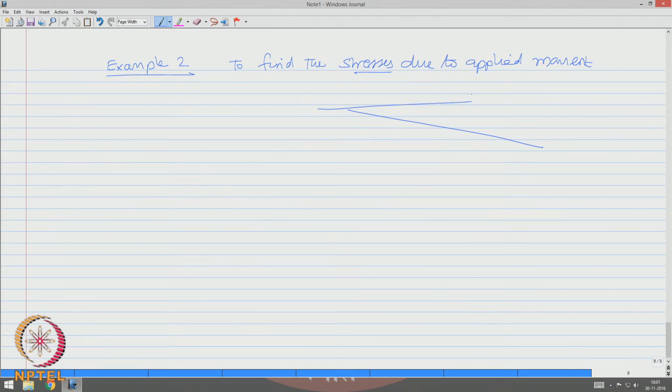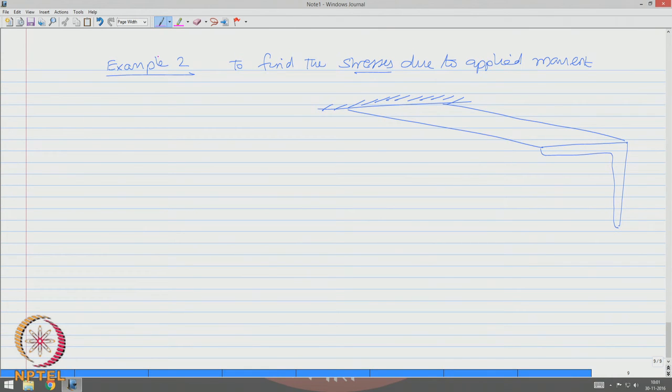So, let us talk about example 2, to find the stresses due to applied moment. Let us take an example of a cantilever section whose cross section is an angle, which is fixed.